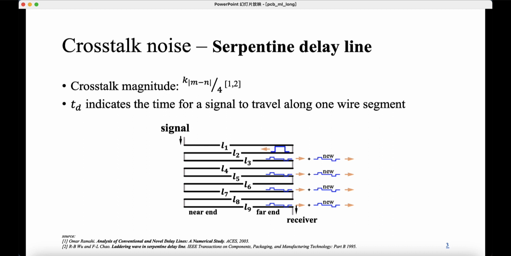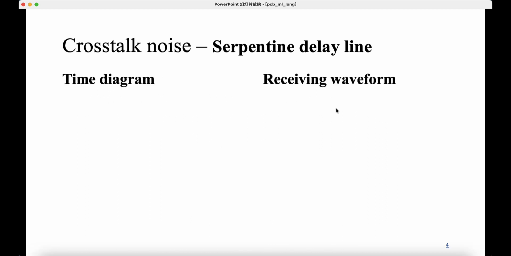The process of crosstalk accumulation is repeated until the main signal reaches the receiver at time 9Td. Since the crosstalk noise is inversely proportional to the wire segment separation, the most significant crosstalk is the crosstalk between two segments in the closest neighborhood, called the adjacent crosstalk.